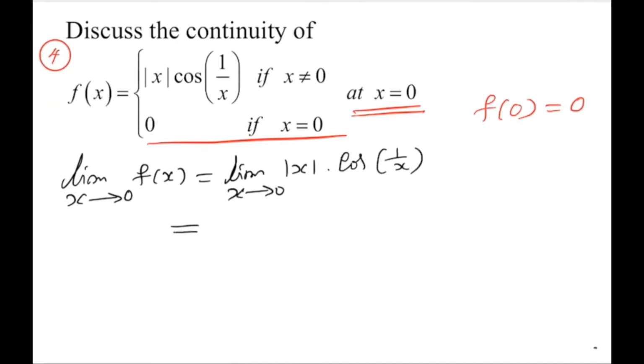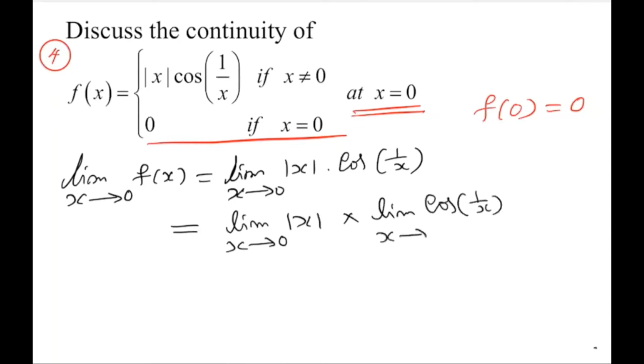The limit of the product is product of the limits. You can write it as limit of mod x into limit of cos of 1 by x as x tends to 0. So here, remember, mod x is a continuous function.